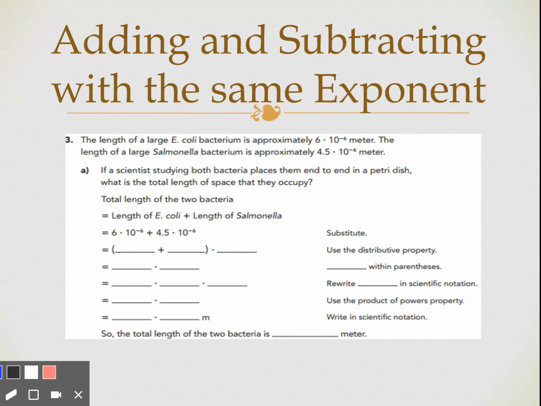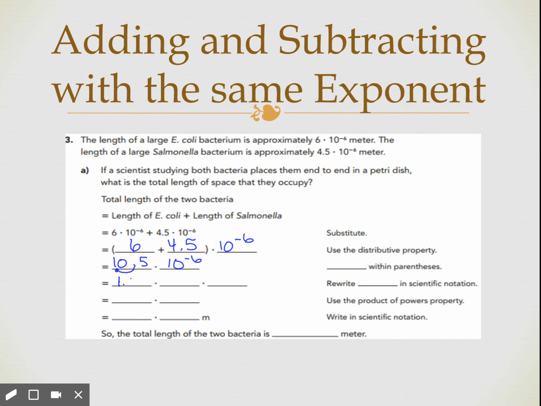So we're going to use the distributive property, 6 plus 4.5 times 10 to the negative 6. So 6 plus 4.5 is 10.5 times 10 to the negative 6. We can't leave it as 10.5. We have to move that decimal over to the left.